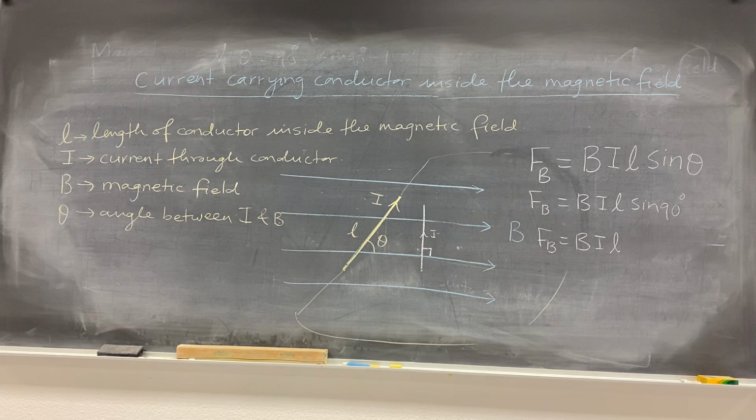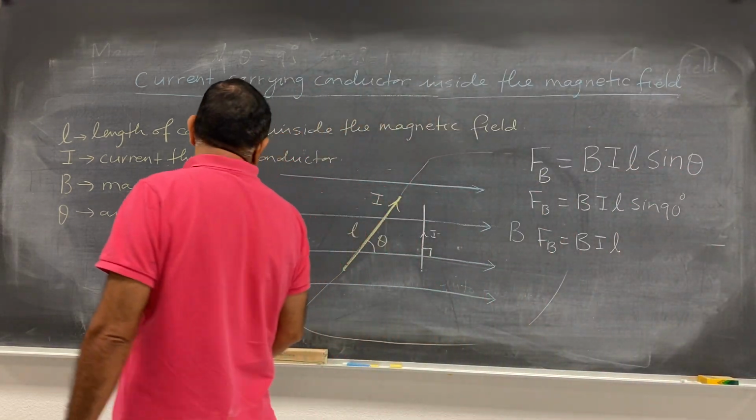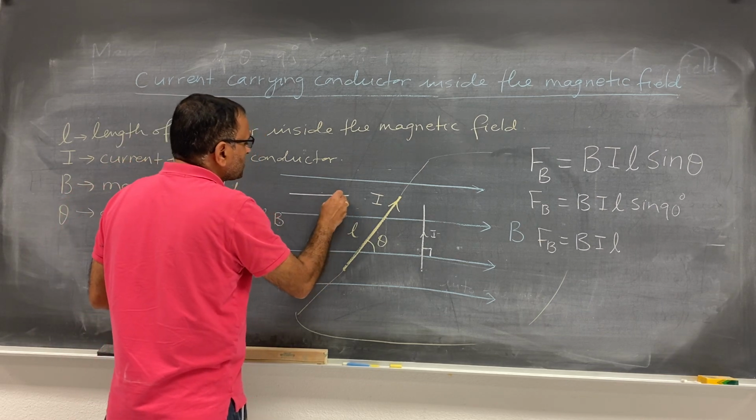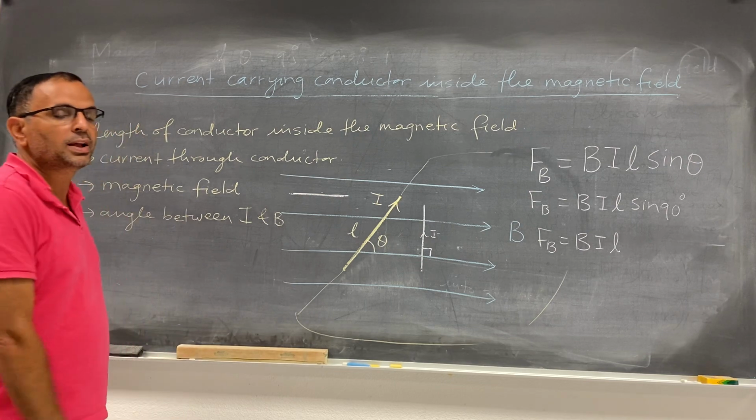Now what happens if the conductor is parallel to the magnetic field? You can draw it like this. The conductor is sitting this way, parallel to the magnetic field.